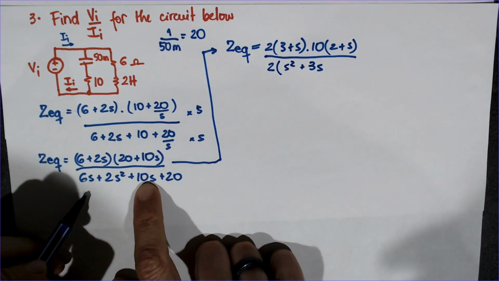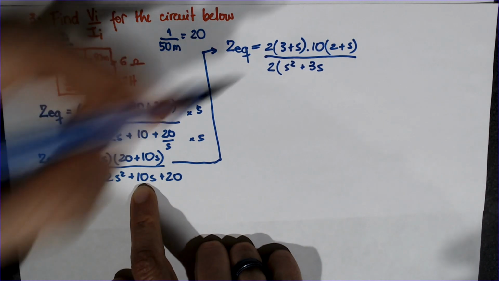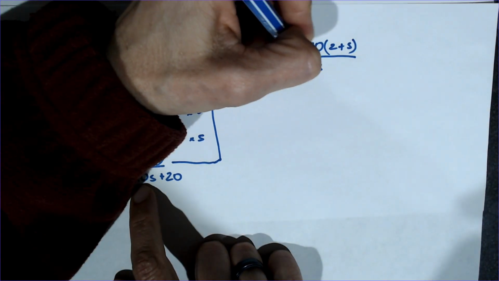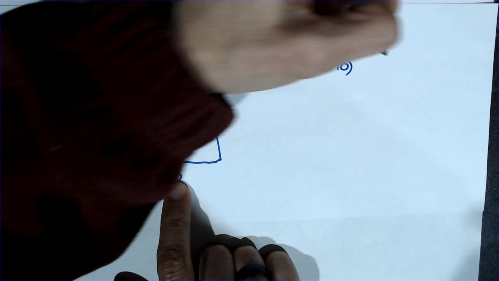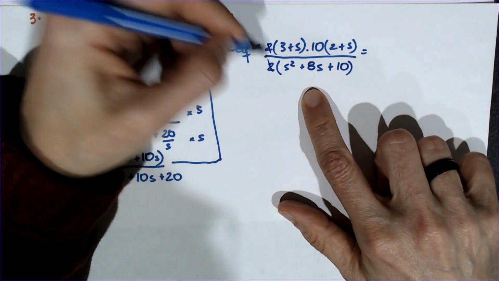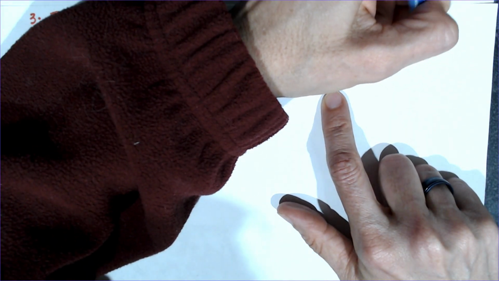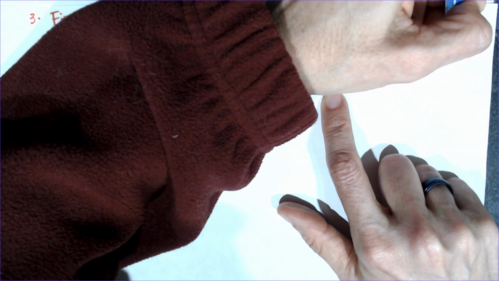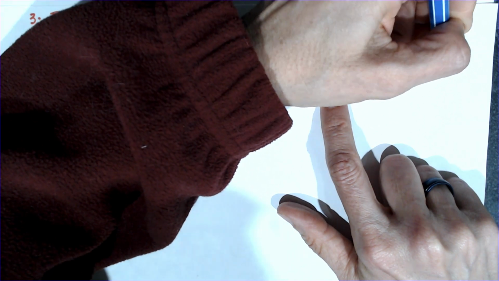Oh no, it's not 3s, huh? It's 8s, so 16 divided by 2 is 8. And then 20 divided by 2 is 10. So these 2 are out. So now I'm going to have 10, 3 plus s, 2 plus s, and then s squared plus 8s plus 10.